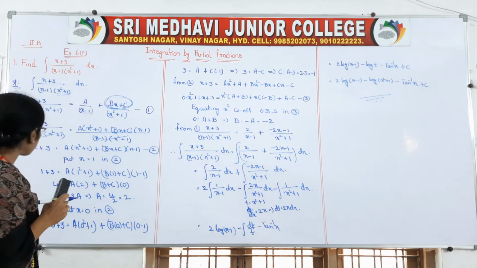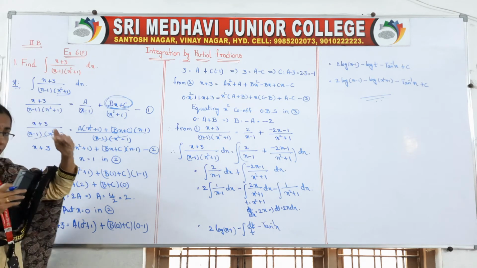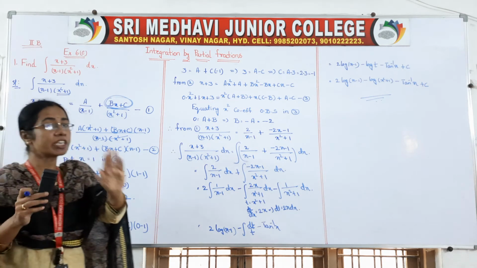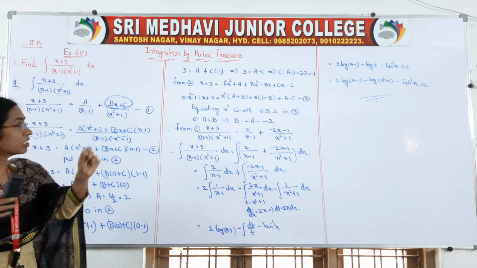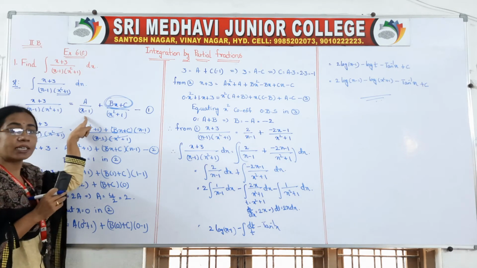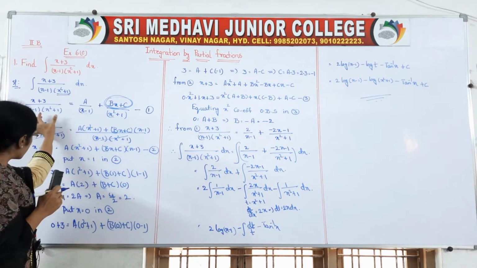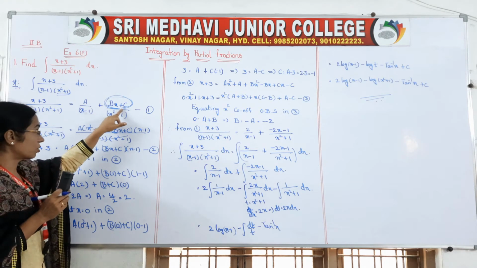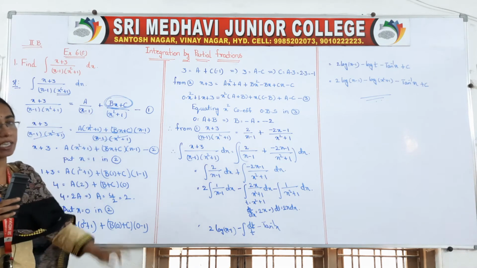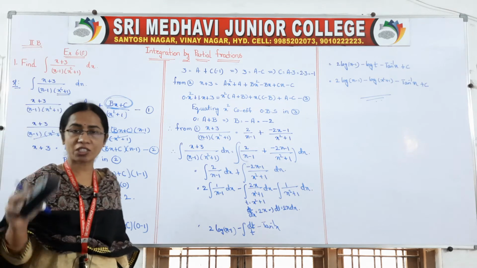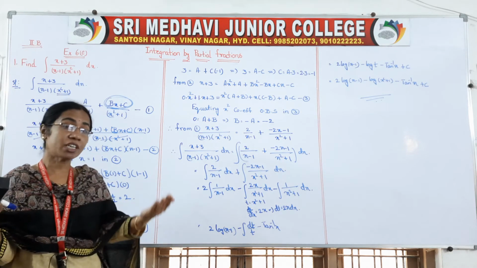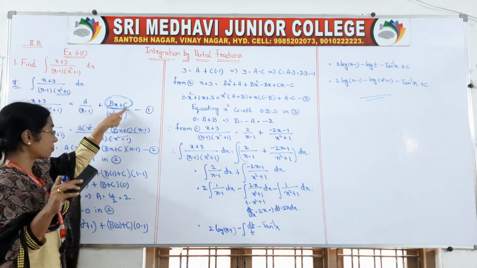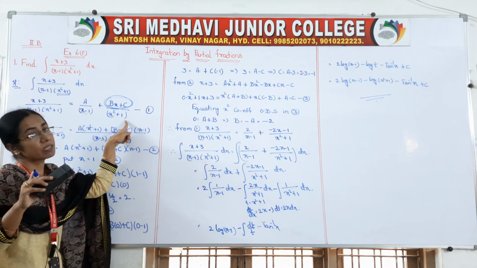Whenever the denominator has a linear factor and an irreducible factor, for each linear factor we take one fraction like a constant by that linear factor. For each irreducible factor we take bx plus c. Generally, a linear factor means some constant by that linear factor, but whenever it is irreducible, then we go for bx plus c by x square plus 1.